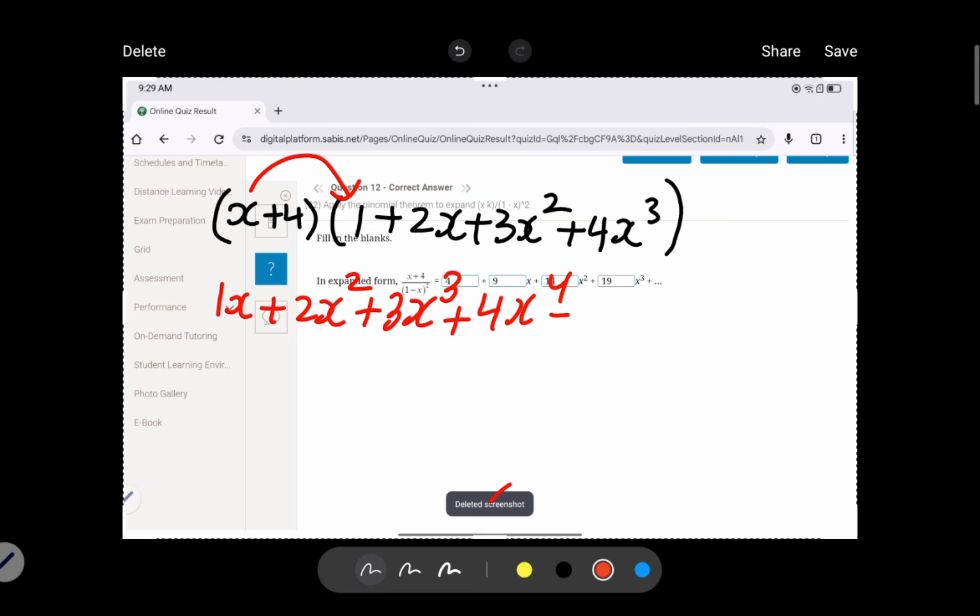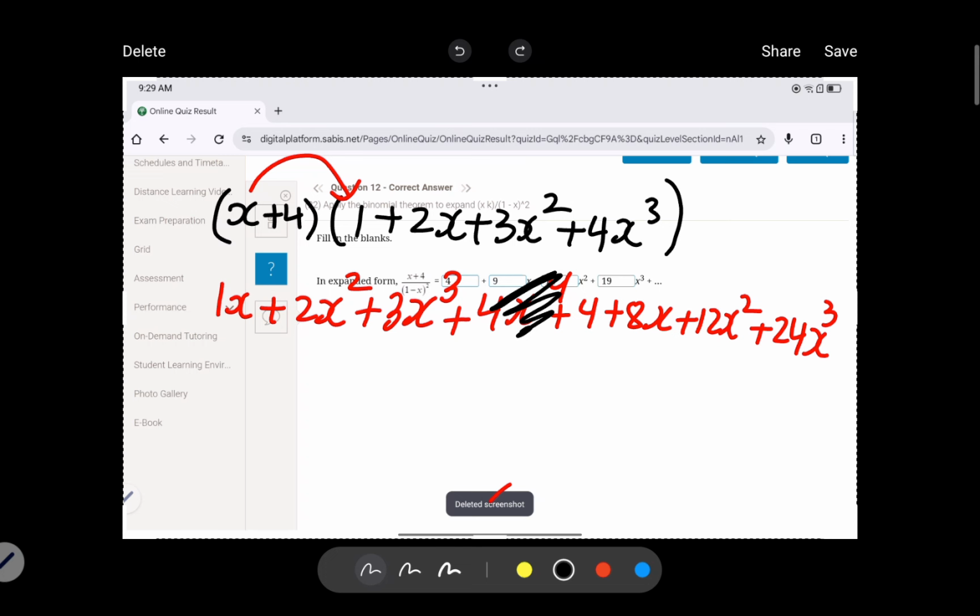Okay, then plus 4 plus 8x plus 12x squared plus 24x to the power of 3. Now here we only have to the power of 3, so we remove to the power of 4. Just remove it from the question.